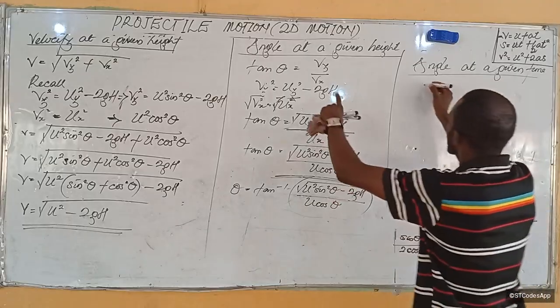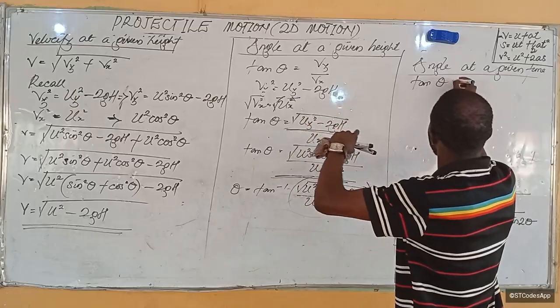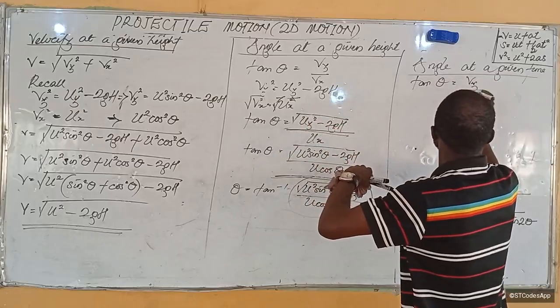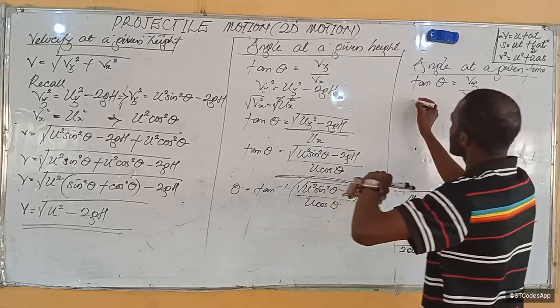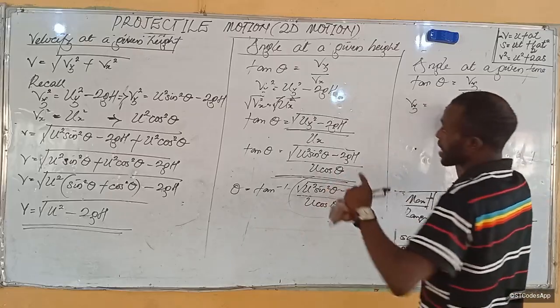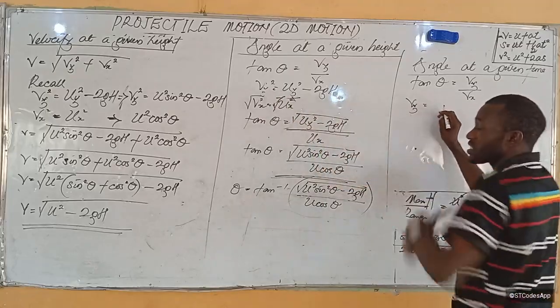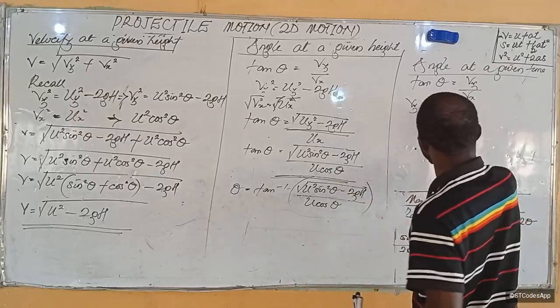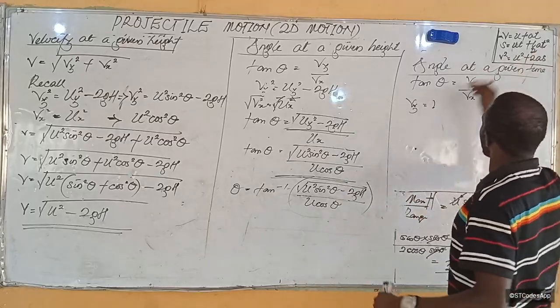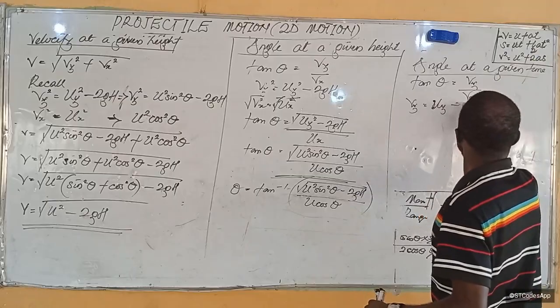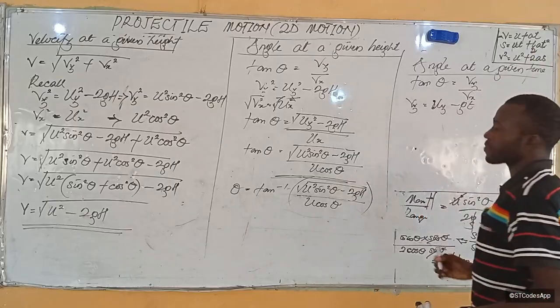We still know that tan theta is V sub y over V sub x, right? In this case, we are going to write v sub y in terms of time. Here we wrote v sub y in terms of height. Now we write v sub y in terms of time. So in terms of time, v sub y is, from here, u sub y plus or minus gt.